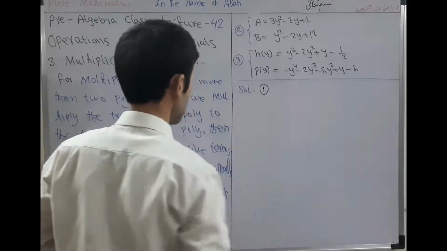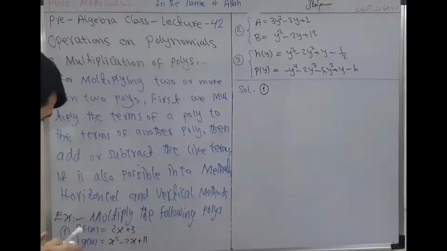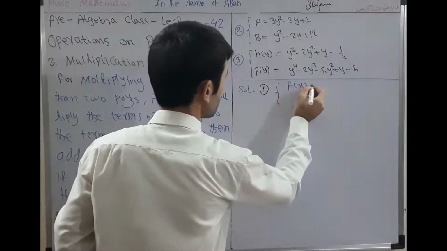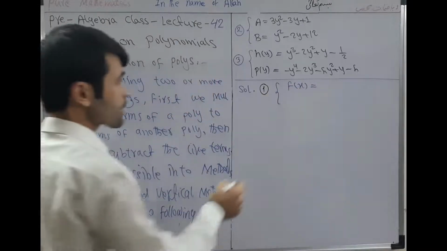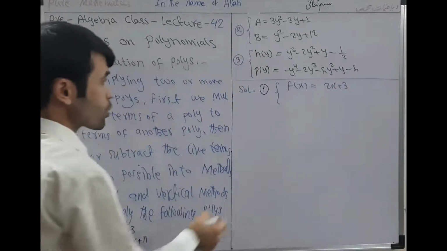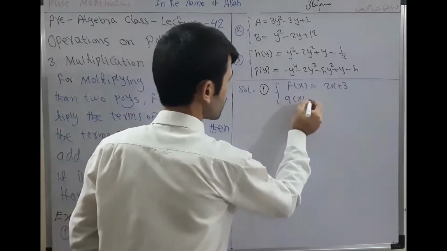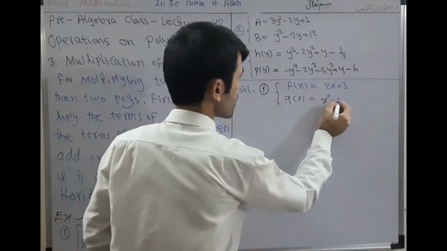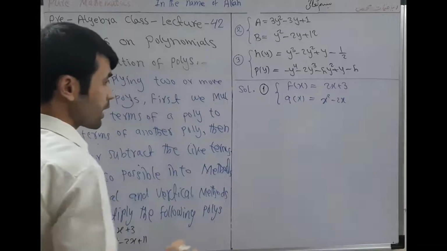Number 1, f of x is equal to 2x plus 3, g of x is equal to x squared minus 2x plus 11.